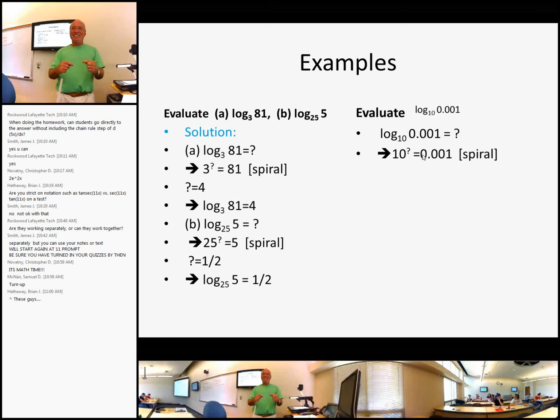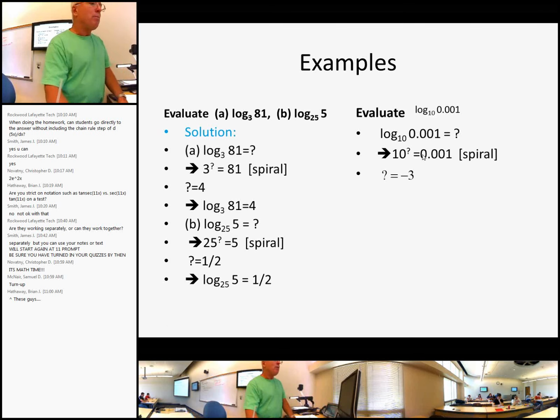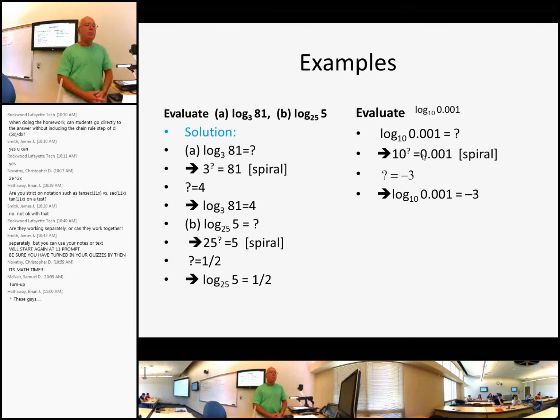So the exponent here is -3. 10 to the -3 power is equal to 1 over 1,000. And so therefore my answer to this log, log base 10 of 0.001, is equal to -3.